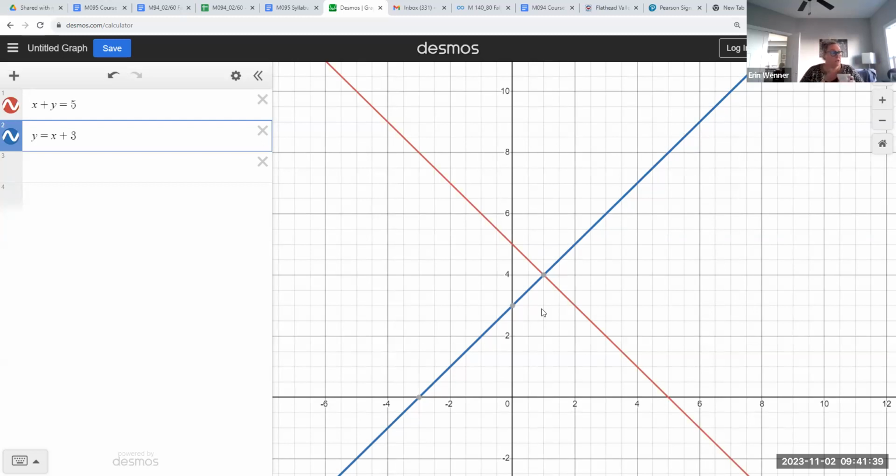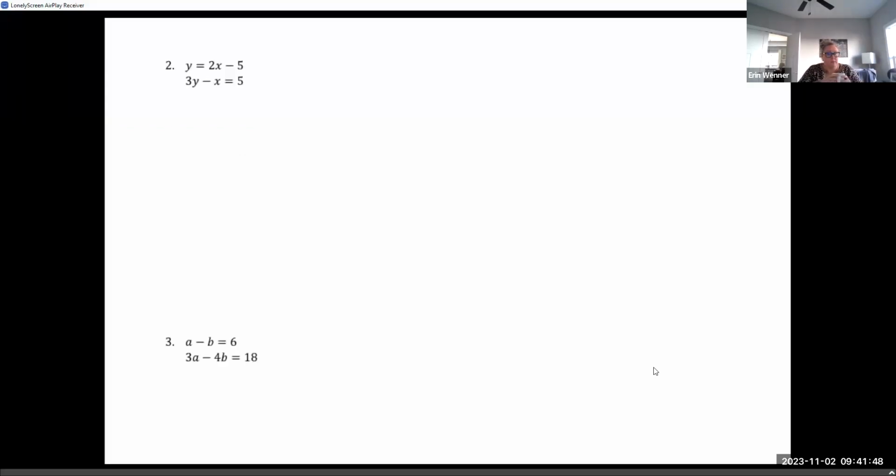Let me share my screen. I realized I still had Desmos showing. Hold on one second. We'll go back to that. So in case you don't have the problems in front of you, again, you're solving number 2, and that's the one you're going to send me the solution to.